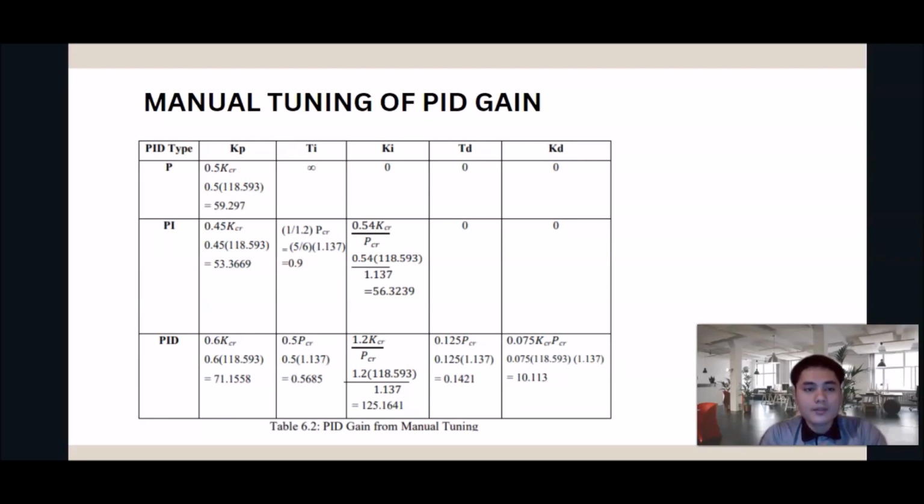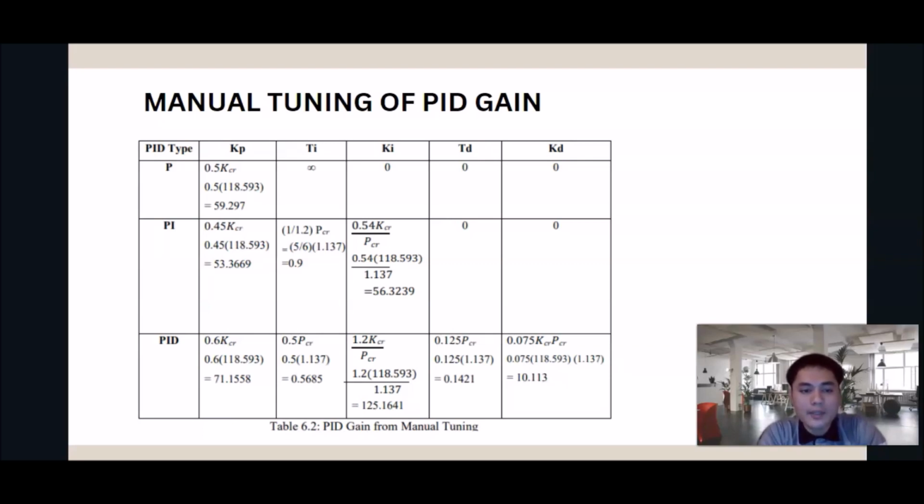So for Kp for PID type PID, the value is 71.1558 when we put 0.6 times K critical. For Ti for PID, 0.5 times P critical, we will get 0.5685.